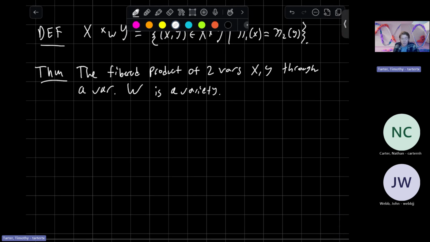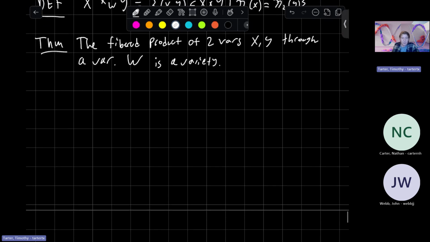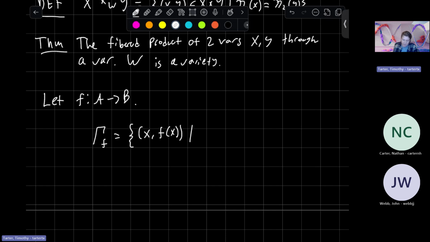It turns out that there is a very interesting and highly useful example of this called the graph of a map. So if we let f from A to B, where A and B are varieties, we define the graph of f as capital Gamma of f to be the set of x and f of x such that x is in A, right?